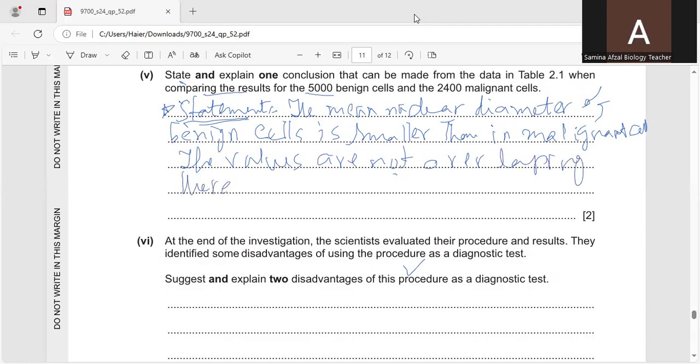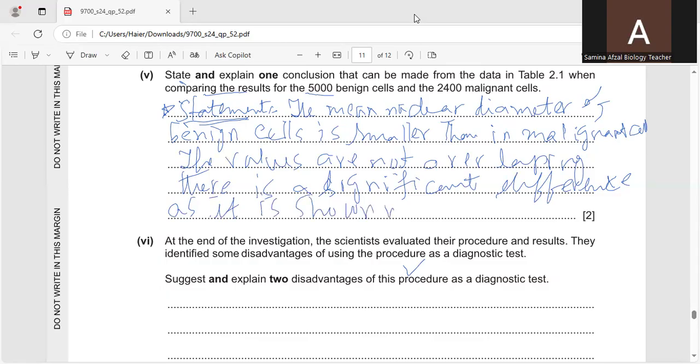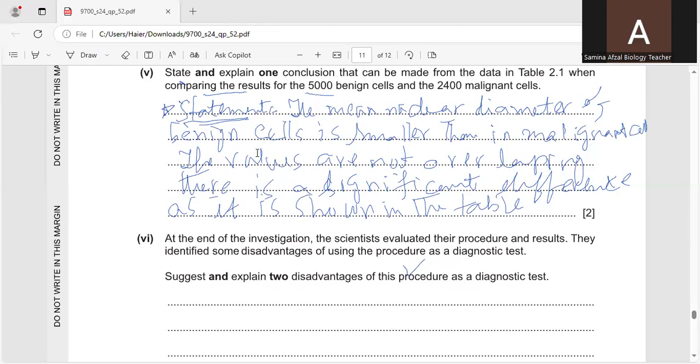There is a significant difference, as shown in the table. So we have explained in both ways.